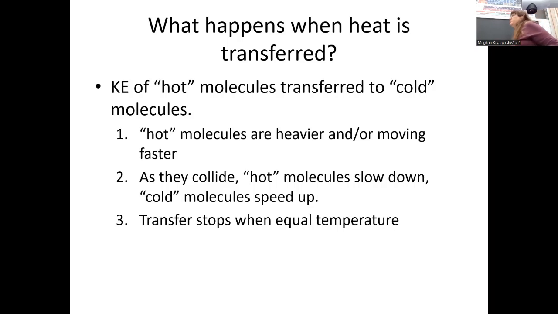And the transfer between the two is going to stop only when we have equal temperature on both sides, thermal equilibrium.